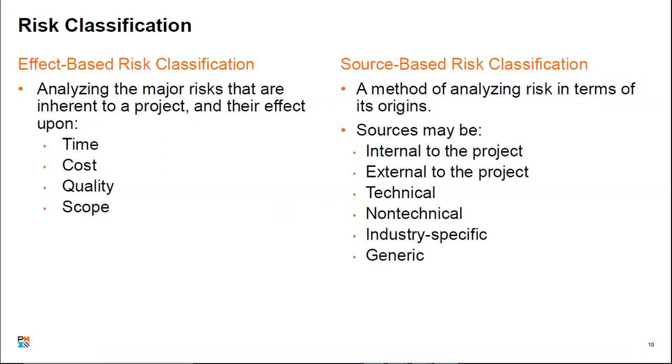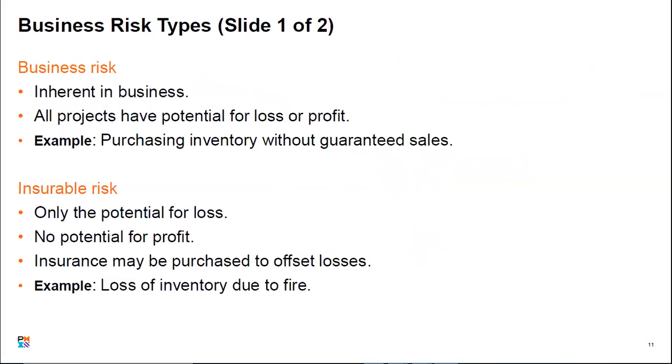The origin and the source may be internal to the project, may be external to the project, can be a technical source, a non-technical source, an industry-specific source for that risk, or generic risk sources. So once you have that classification of risk in terms of its origin, that is a source-based risk classification.